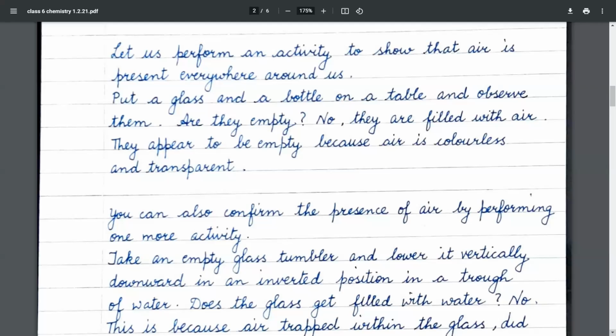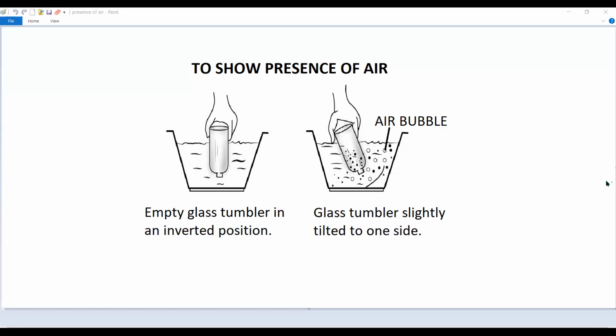Does the glass get filled with water? No. This is because air trapped within the glass did not allow the water in the tumbler to rise.